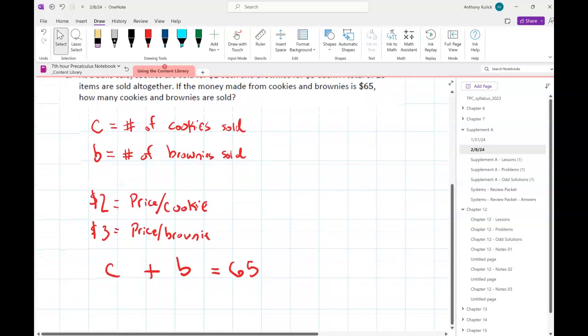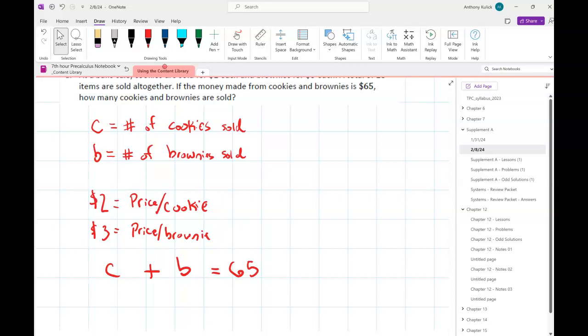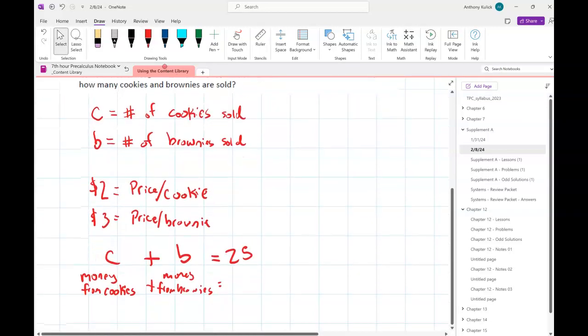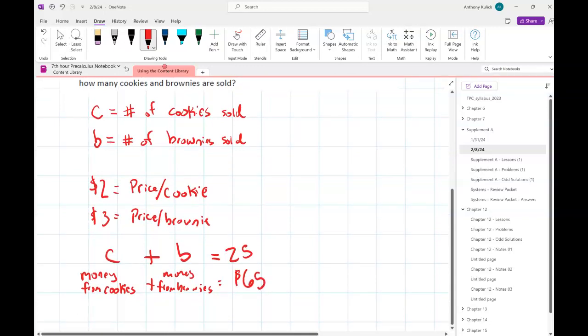So the next sentence reads, if the money made from cookies and brownies is $65. Okay. So we have the money from cookies plus the money from brownies has to equal, oops, I misread, that was the 25, and this is 65, right?